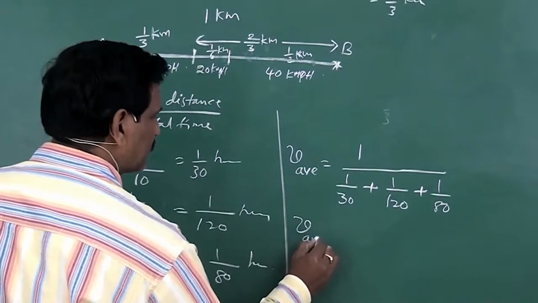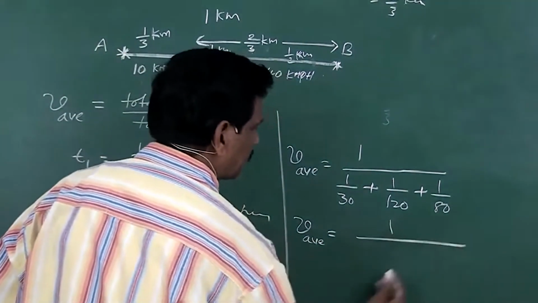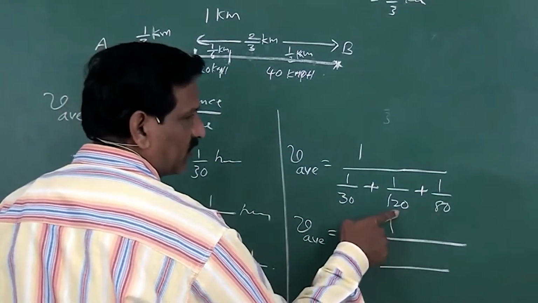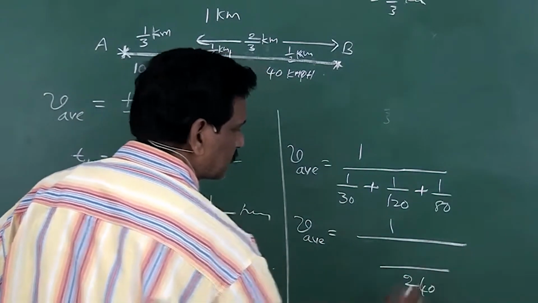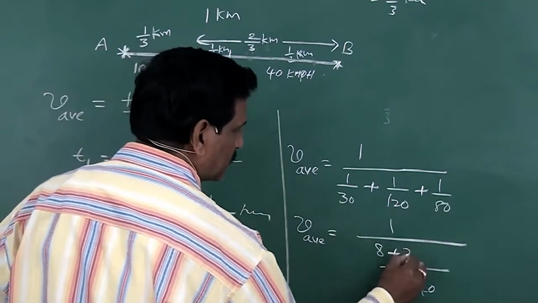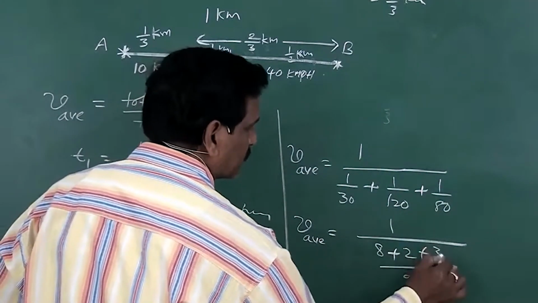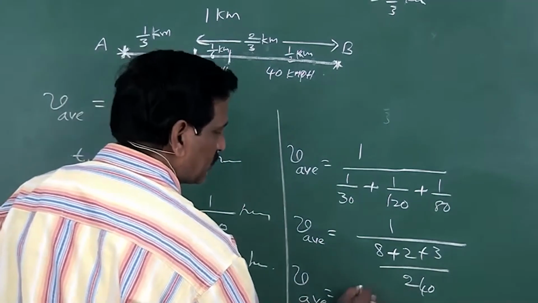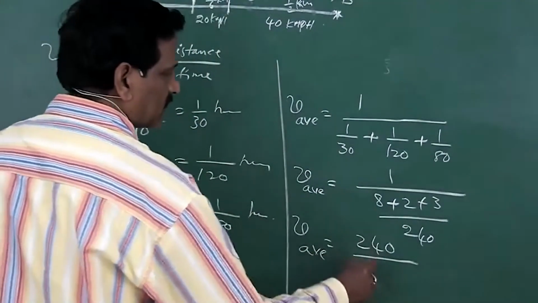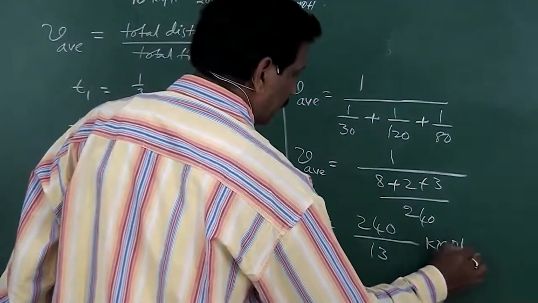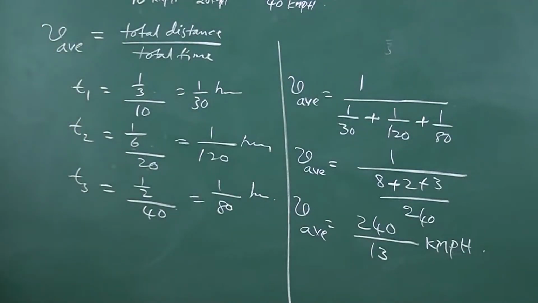So V average is equal to 1 by, so here 30, 80, 120, LCM is 240. 240 by 30 is 8, 240 by 120 is 2, 240 by 80 is 3. So 8 plus 2 plus 3 is 13. So V average is equal to 240 by 13 kmph, kilometer per hour. So this is the average speed in this case.